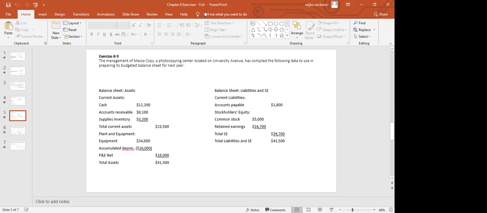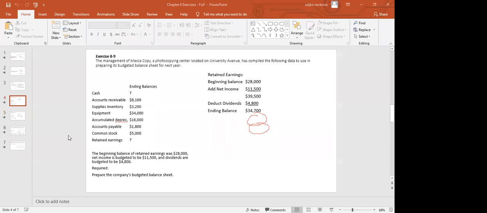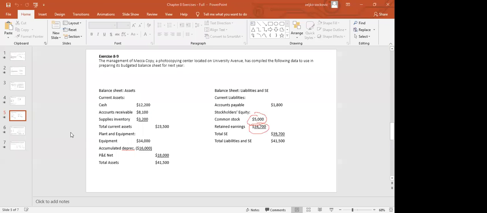So we have our retained earnings of 34,700, and we had our common stock of 5,000 before. 5,000 here, and we have 1,800 in accounts payable.